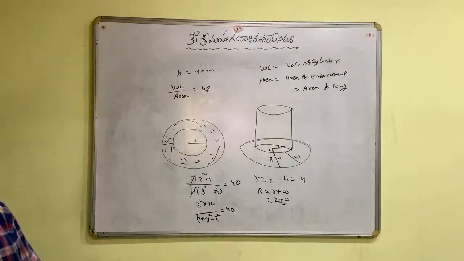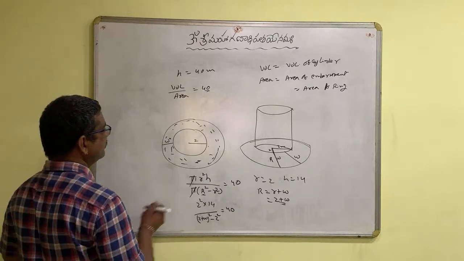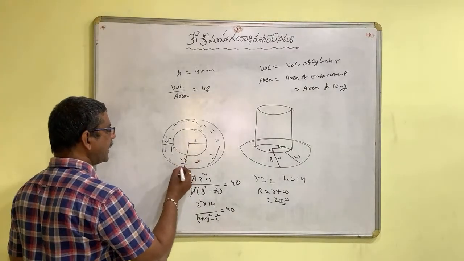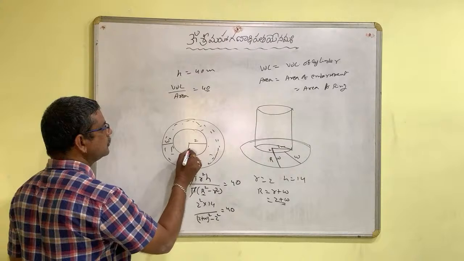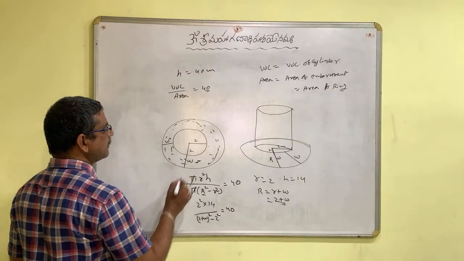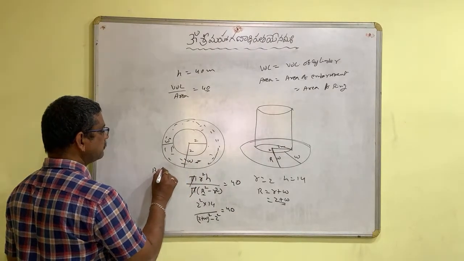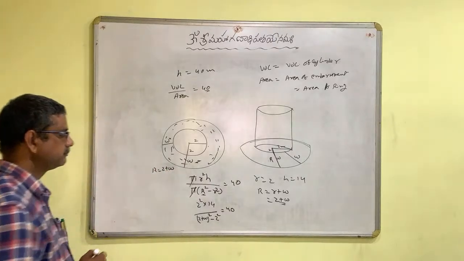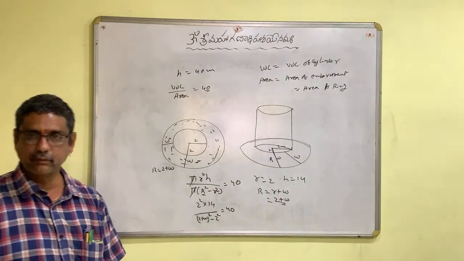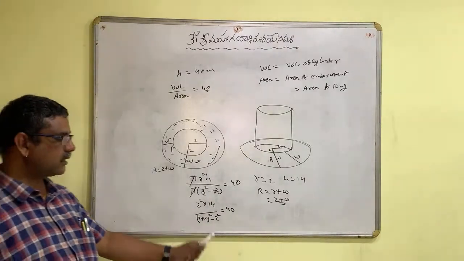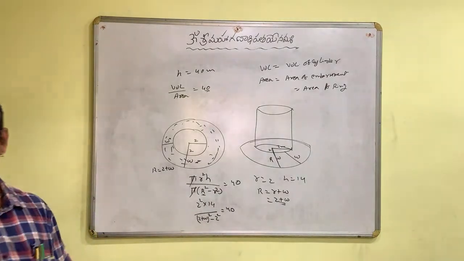W is width of the embankment. Now in order to find out capital R, what we have to do? Small r plus W, we get capital R. So that is what I wrote here. Simplify and tell me what is W.